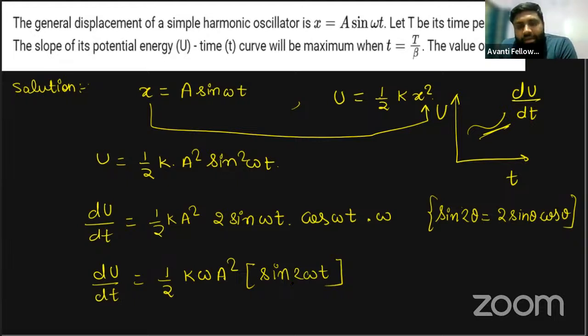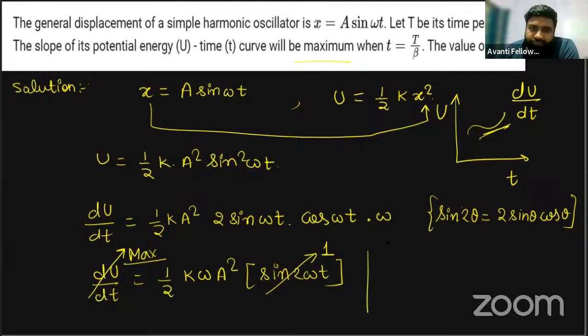Got it? Now this dU by dt will only depend on this sin 2 omega t factor. Read the question again. The slope of its potential energy curve will be maximum. When will this be maximum? This will be maximum when sin 2 omega t will be maximum. Sin 2 omega t will be maximum when it has a value of 1.